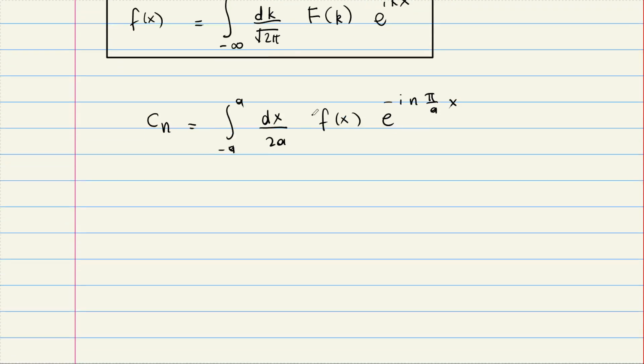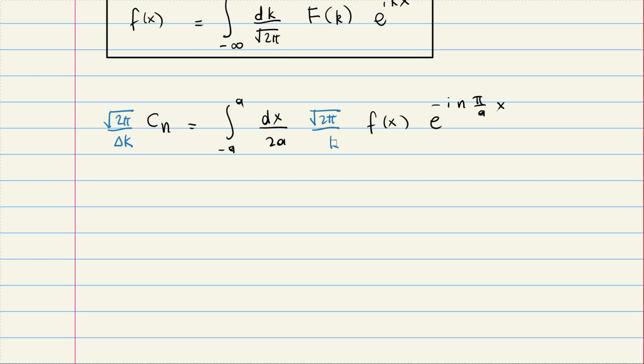Let's do the same thing here. So this is root 2 pi over delta k. And if I multiply it here, I need to do it also here. Let me push it a little bit. This is root 2 pi over delta k.